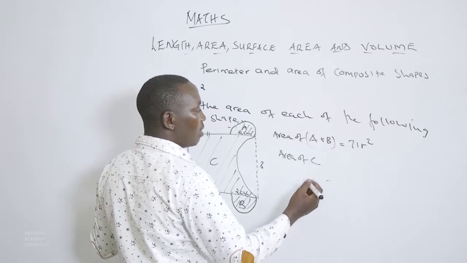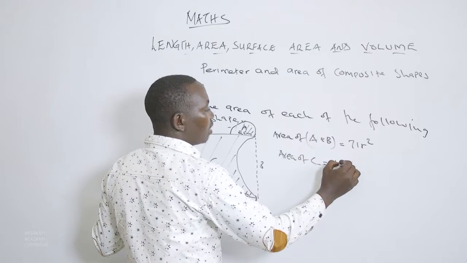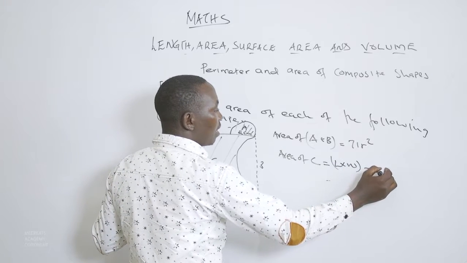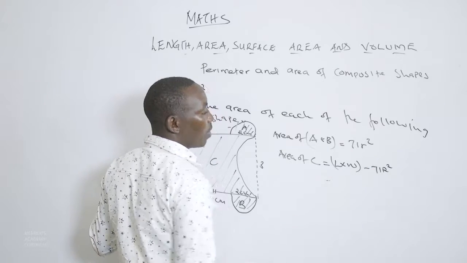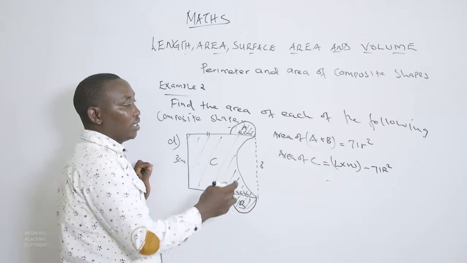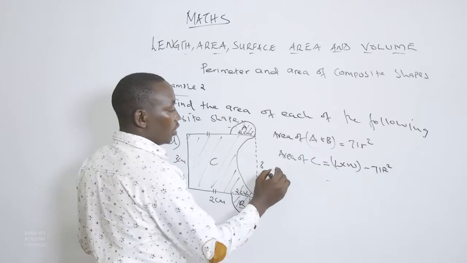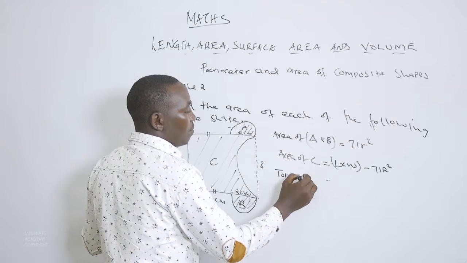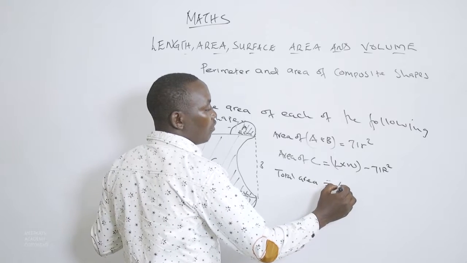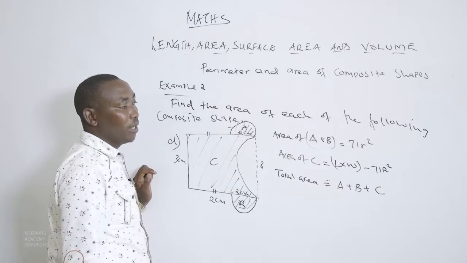So it will be given by length times width. We subtract by r squared. In this particular case, the radius is not the same as the radius of the first circle. So total area of this particular composite shape will be given by the area of A plus the area of B plus the area of C.